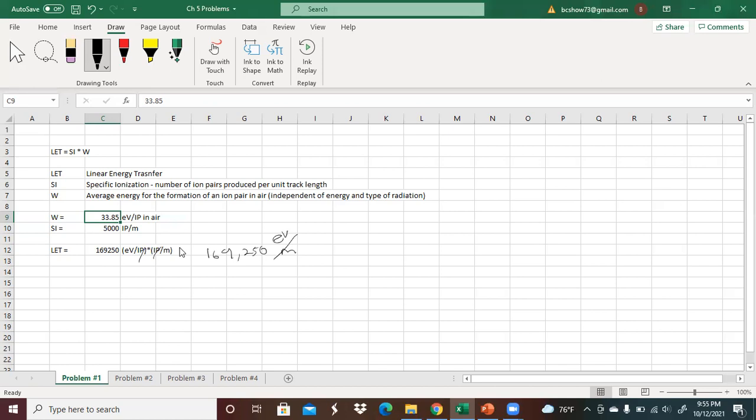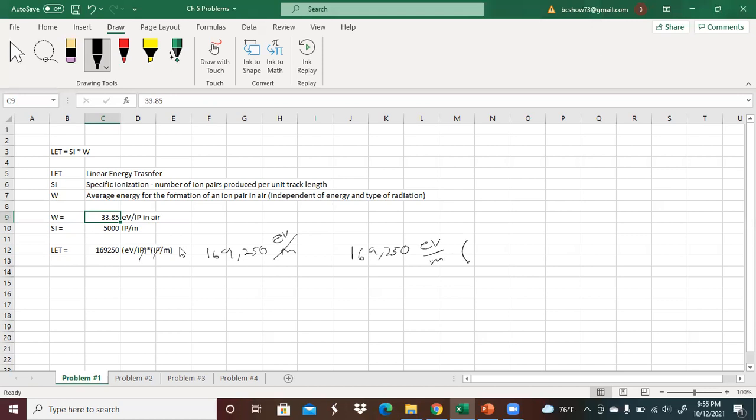Now, what are some of the ways that you can take this problem and make it harder? Let's say I don't want the answer in eV per meter. Let's say I want it in kilo electron volts per centimeter. Would I do something like that? Sure, I would. So if I take 169,250 eV per meter, how can I change that into those units?